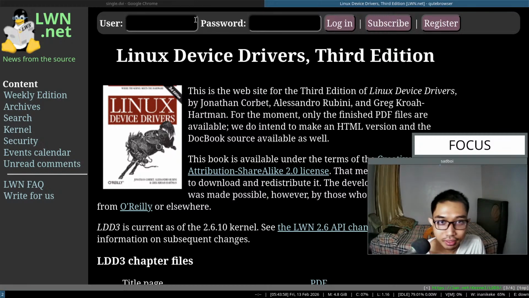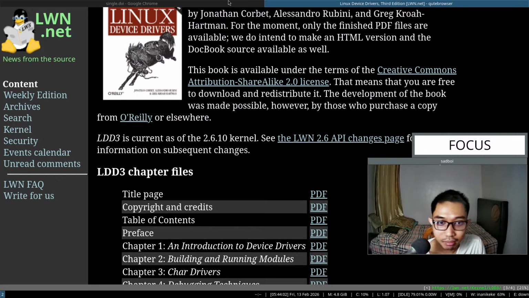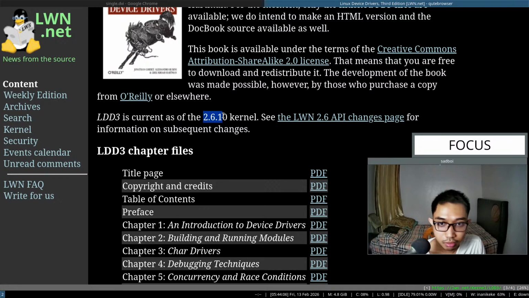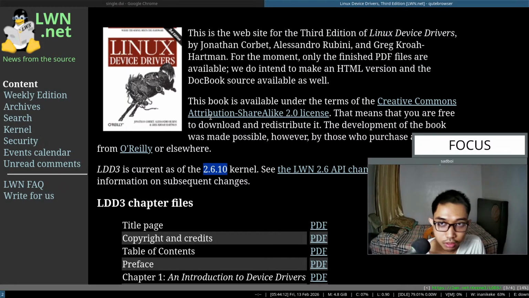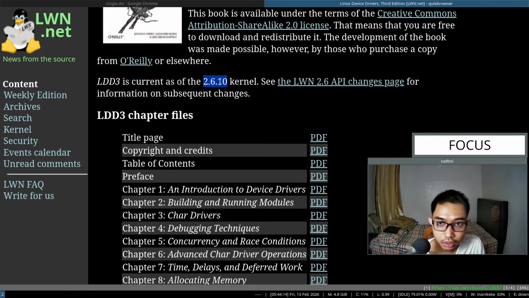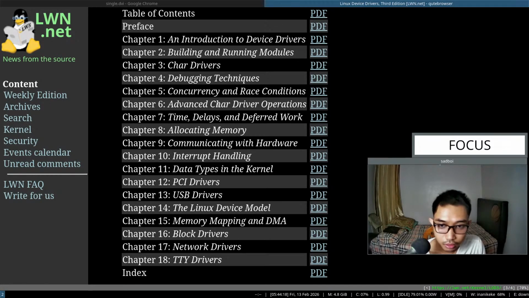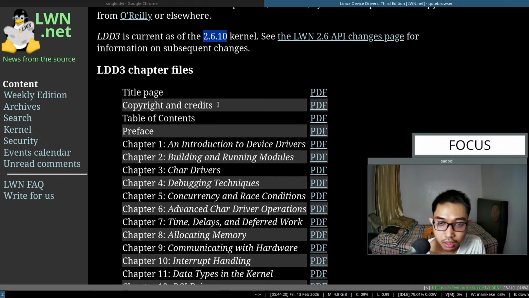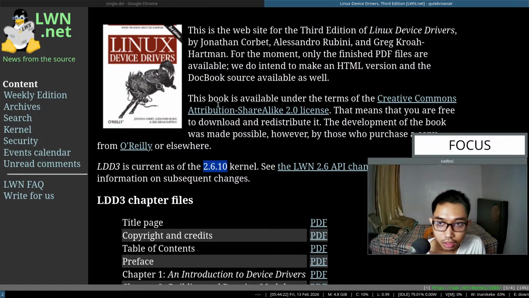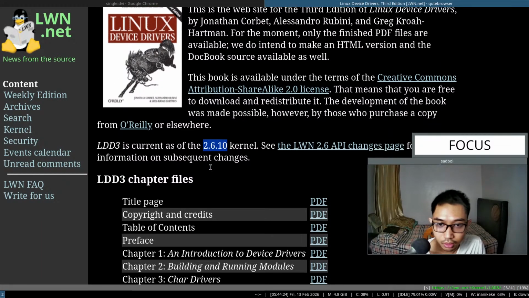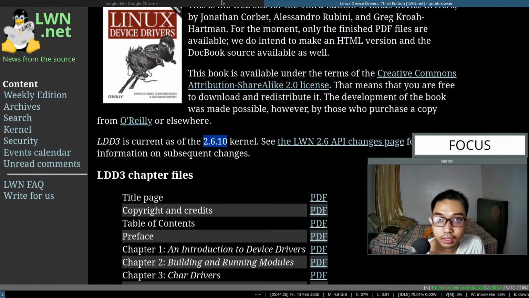I mean, I haven't taken a look at this book yet, so I'm not sure. But keep in mind that this book is based on an old Linux kernel version, so we need to adapt to the new Linux kernel version. Okay.